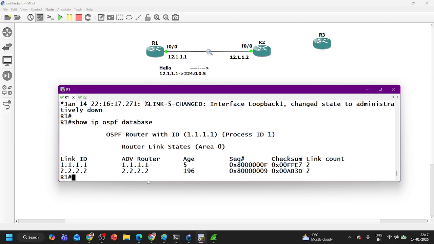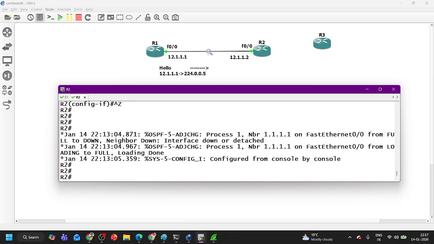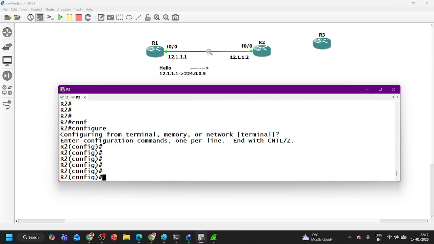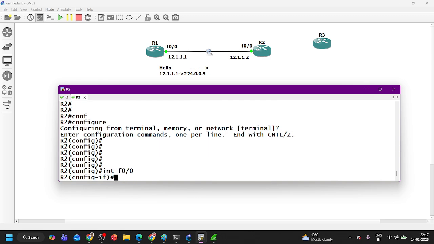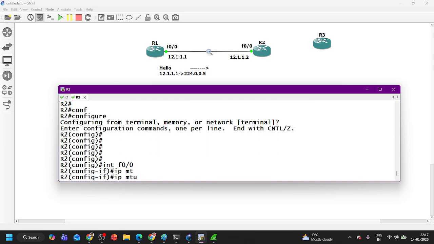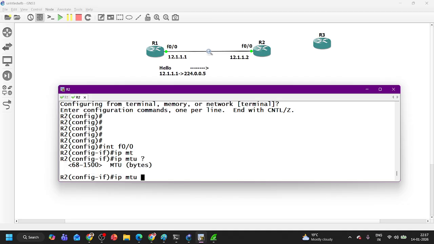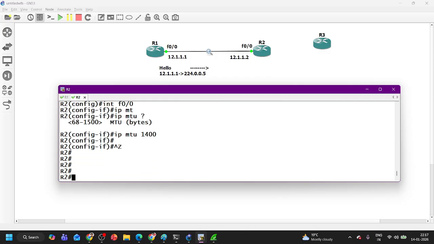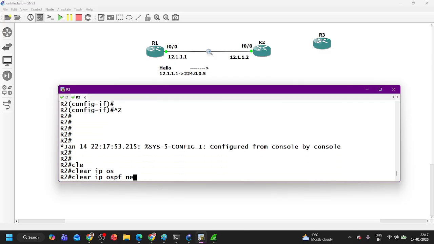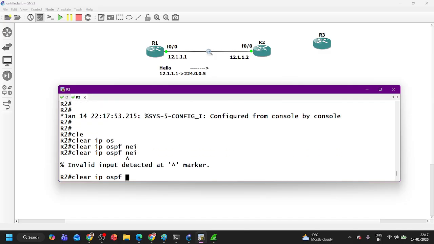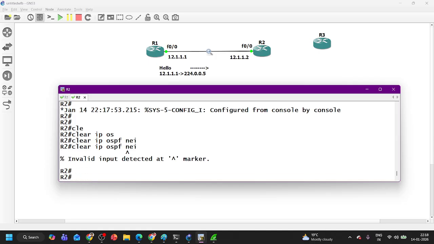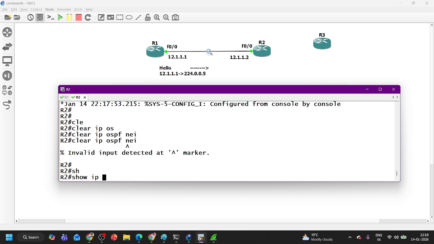In ExStart state. You can try to check it. Go to router number 2, and on interface F0/0, what is the default MTU? Show IP MTU, 1500 by default. So let me configure 1400 here. I have changed the MTU, and now clear IP OSPF process. Until you clear, OSPF neighborship will not go down, because the state is already full, and MTU checks happen in the ExStart state.